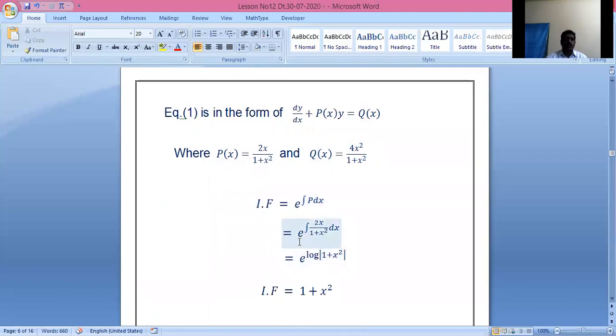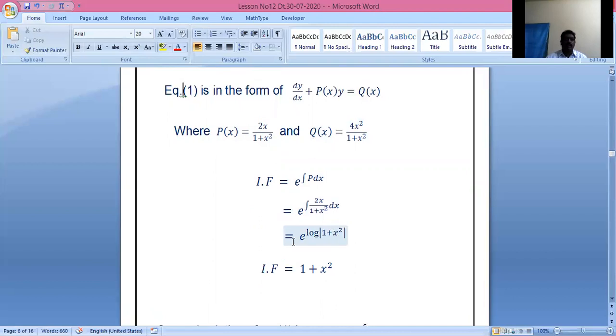That is equal to e to the power of integration 2x by (1 plus x square) dx. Here we use the formula integration f dash x by f of x dx, since if we differentiate the denominator, we get the numerator. Therefore, e to the power of log of (1 plus x square). Here e and log cancel, therefore we get IF is equal to 1 plus x square.